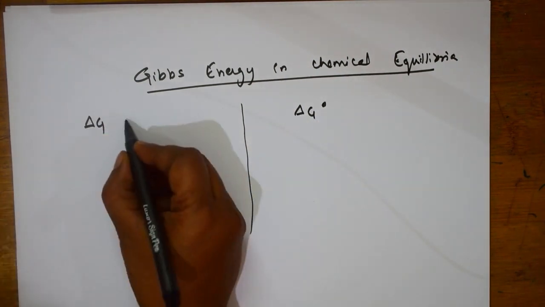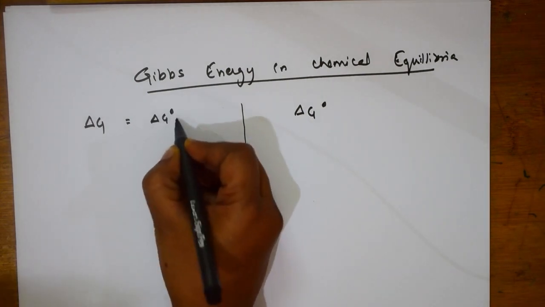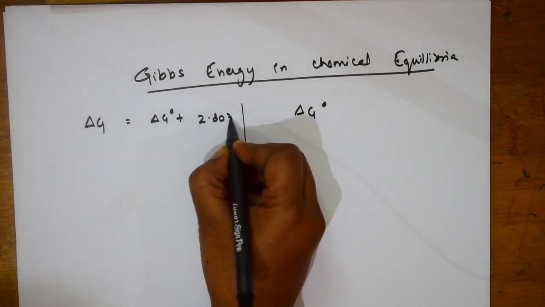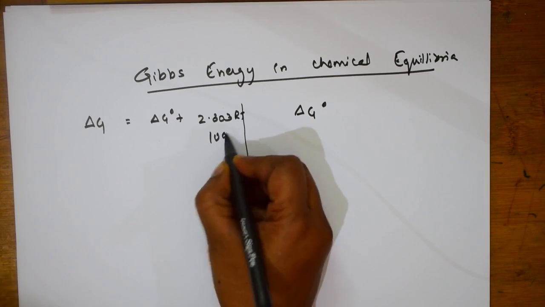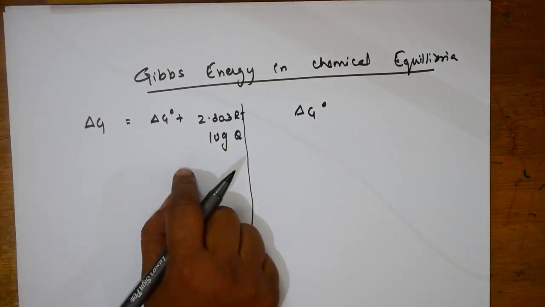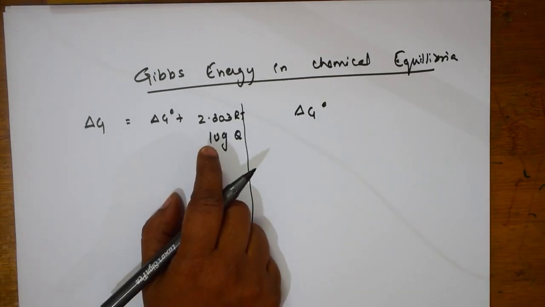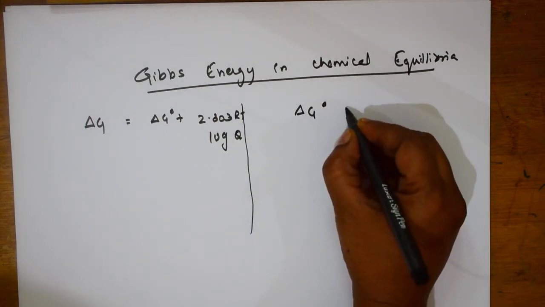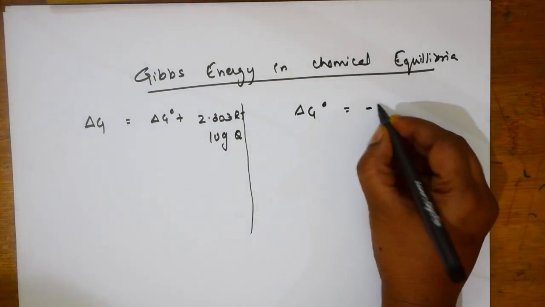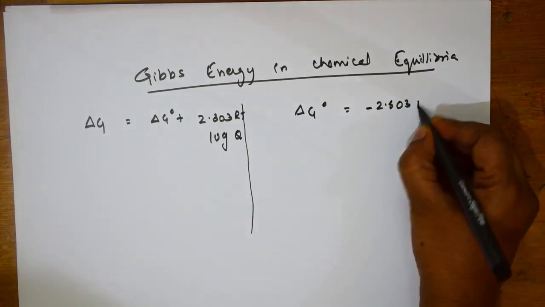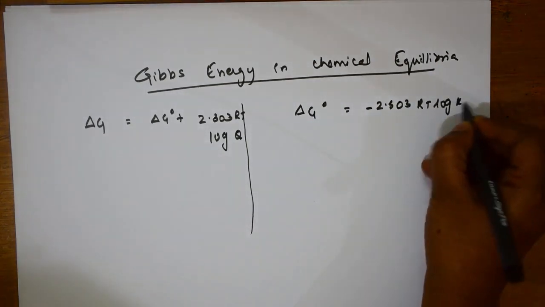The formula for this is delta G is equal to delta G naught plus 2.303 RT log Q. And delta G naught is equal to minus 2.303 RT log Kc.